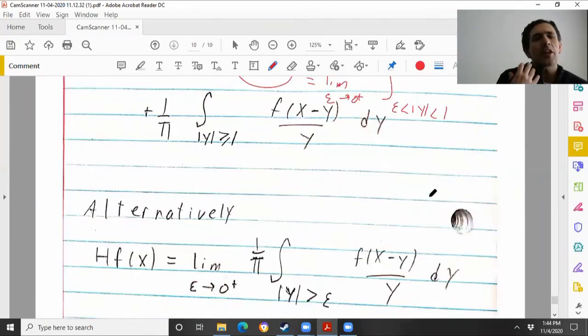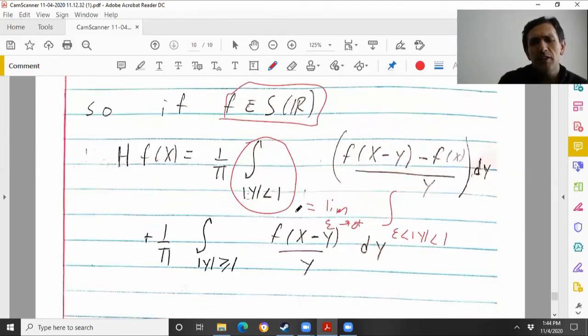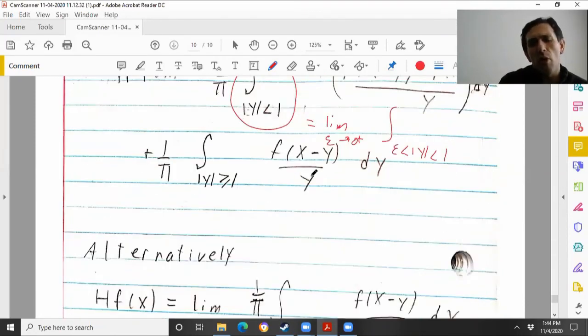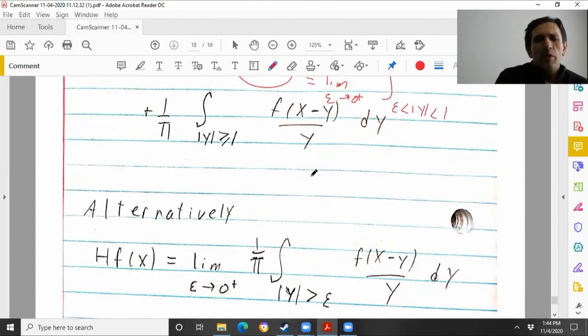You can't do anything with this limit. You literally can't. Even if f is a Schwartz function, the only thing you could do is evaluate this limit to get this here. But in general, you really just can't do anything. And this is what's often called the Hilbert transform. So for at least a Schwartz function, the Hilbert transform is defined as this integral.